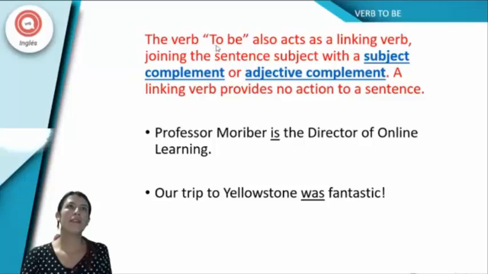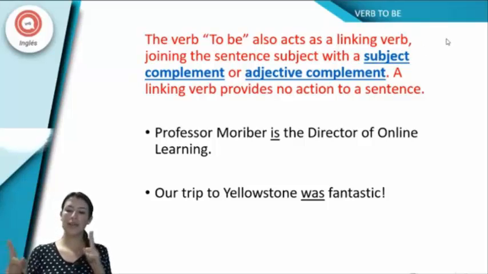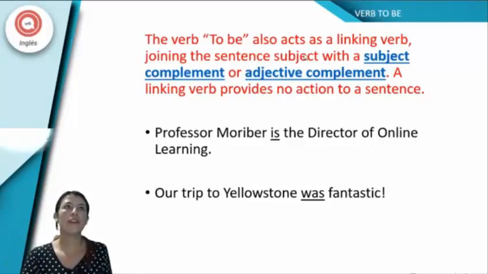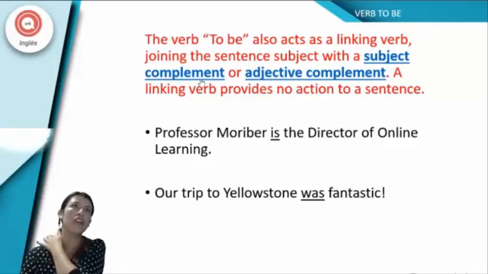Good. The verb to be also acts as a linking verb. Okay? You know a linking verb is the one that links, connects two parts of a sentence, okay, or two sentences. So let's check. So the verb to be also acts as a linking verb, joining the sentence subject with a subject complement.